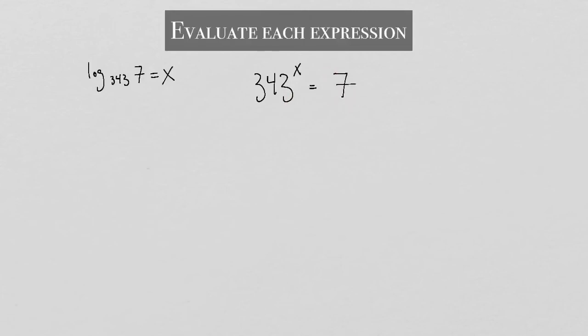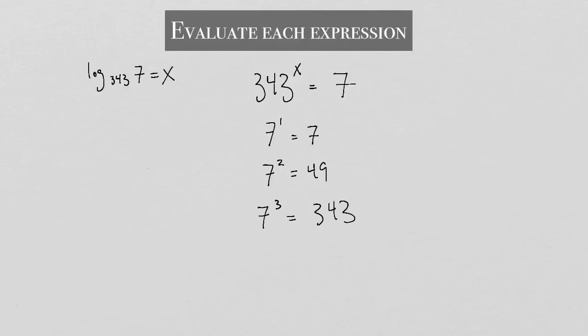So what we can do to pick this apart is we could find powers of 7. So we're going to go ahead and say 7 to the first power equals 7. 7 squared equals 49. 7 cubed, we're going to say that equals 343. Okay, 7 cubed equals 343.